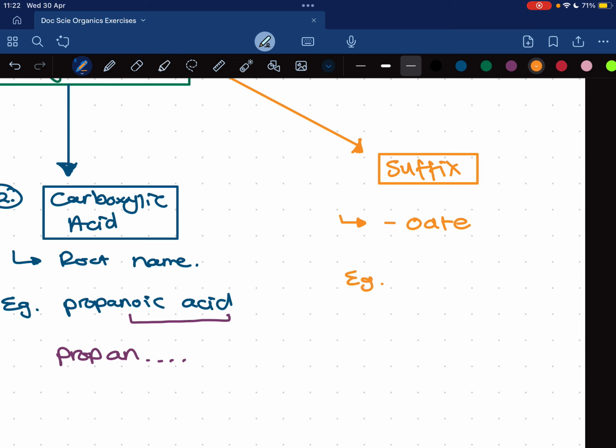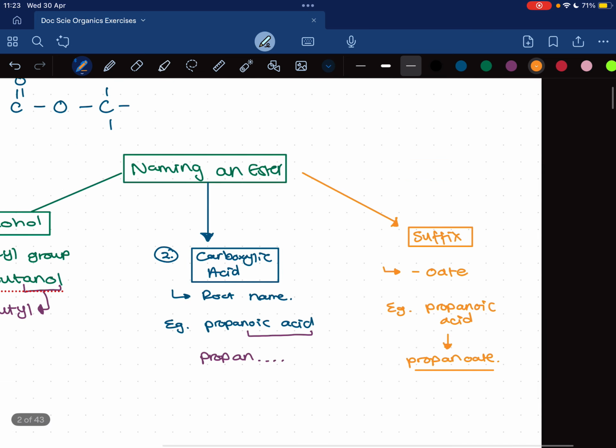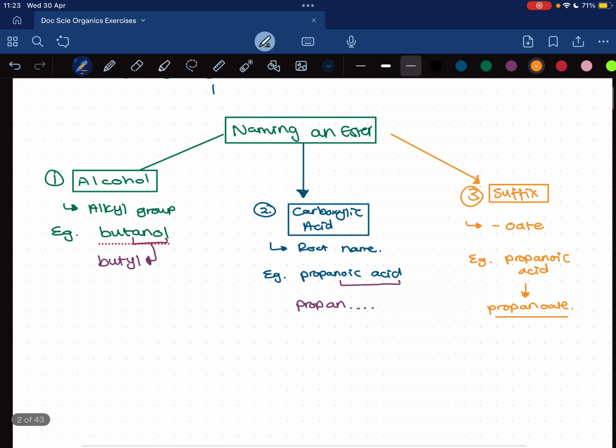So for example, I'll look at propanoic acid again. It would change to propanoate. Okay, those are the three ways that we name an ester.